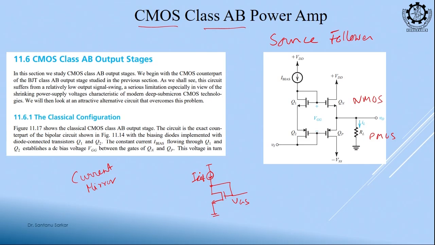So this bias will generate a fixed voltage, right. Why? Because ID is equal to half k n dash W by L times (VGS minus VTH) whole square. So if VGS is constant, ID is also constant, right. So this will generate a constant voltage, so that IREF is satisfied.